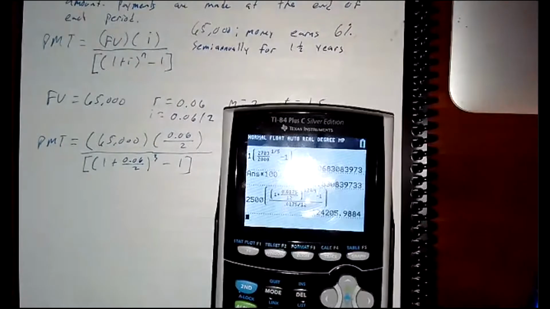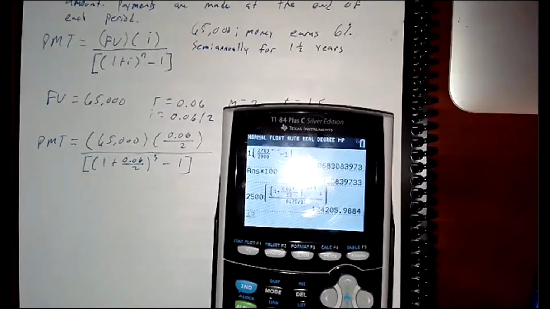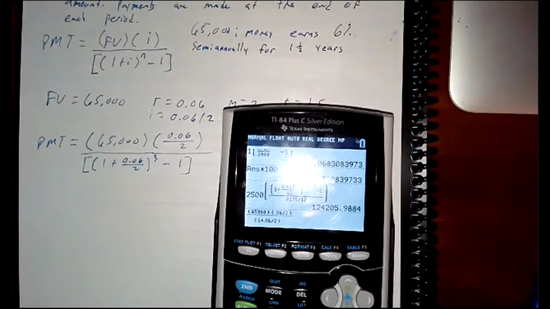I think that's the hardest part, getting it in there, right? 65,000, 0.06 divided by 2, 1 plus 0.06 divided by 2, to the third.